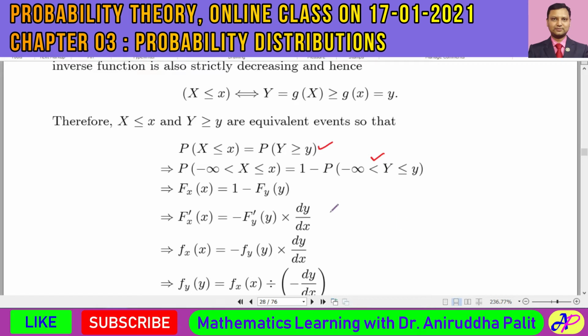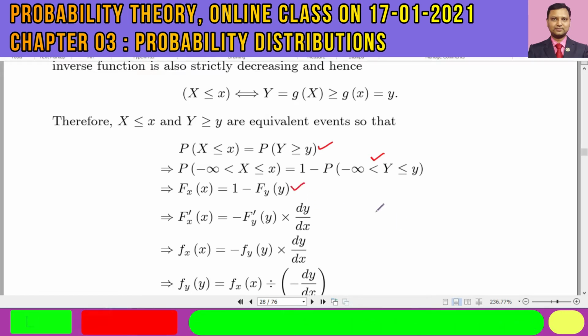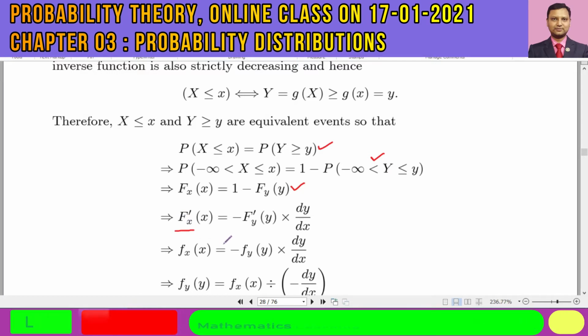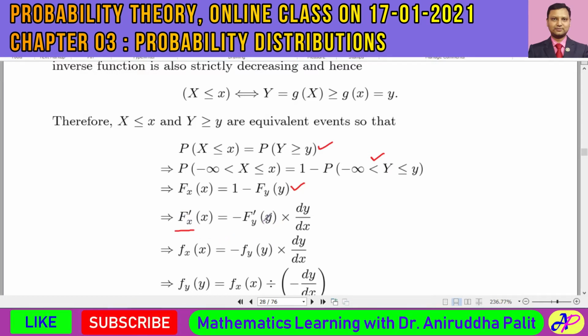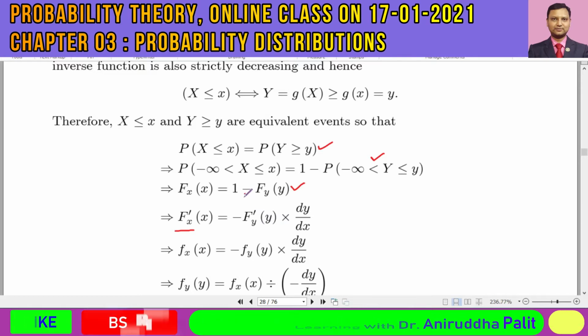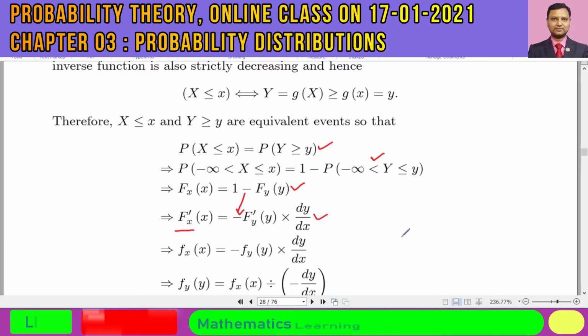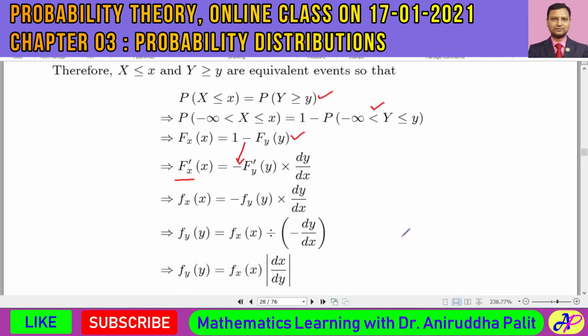Anyway, we differentiate this relation with respect to x, and after differentiating we get f dash of fx, the derivative of Fx, on the left hand side, and on the right hand side we get the derivative of Fy with a negative symbol, and we will have dy/dx over here. And therefore, as we got the derivatives, these derivatives are actually the density functions.